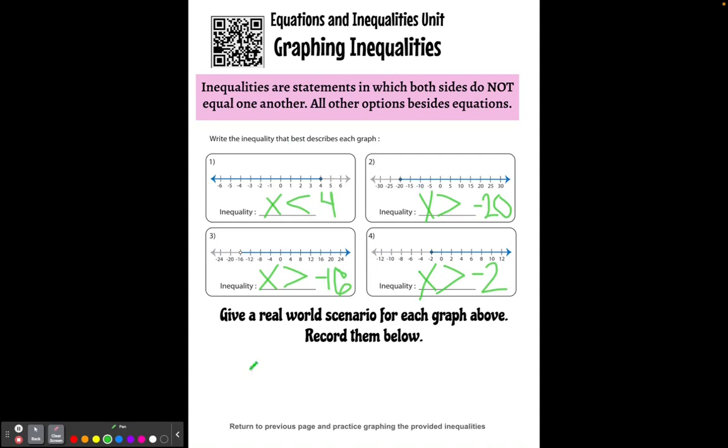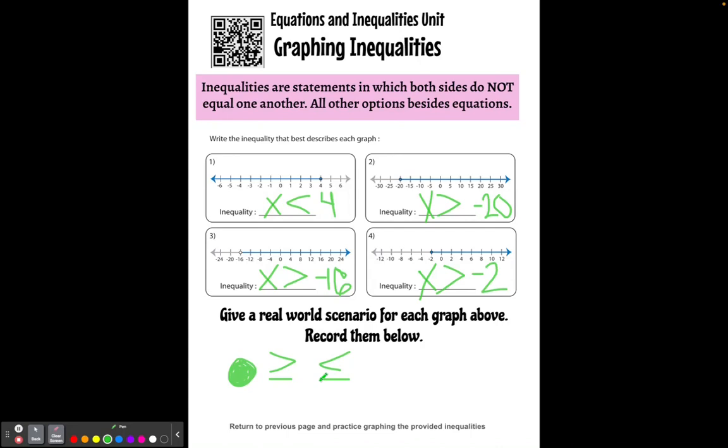Okay. So the main thing I want you to know is if you have a circle and it is filled in all the way, it's going to represent either something that is greater than or equal to, or it's going to represent less than or equal to.